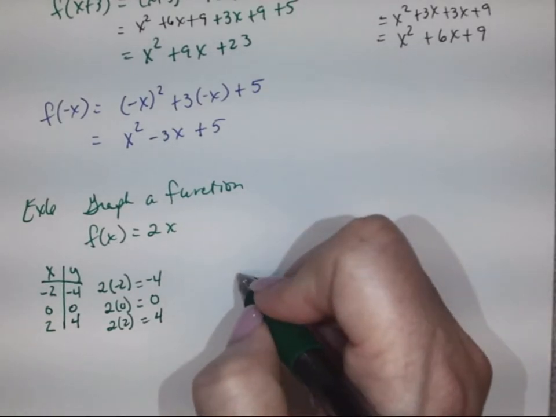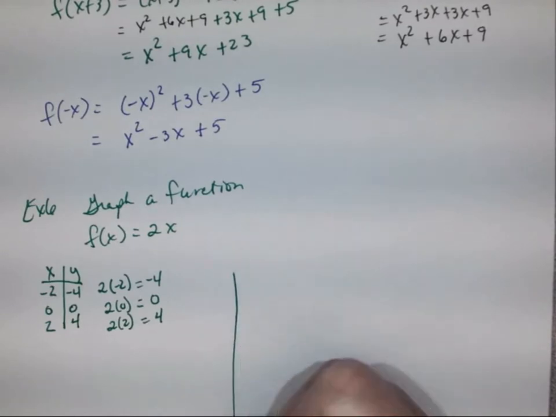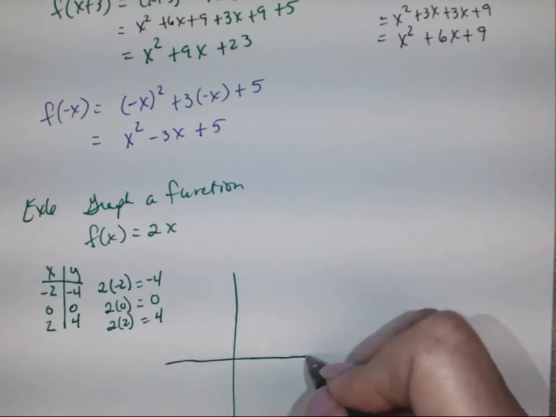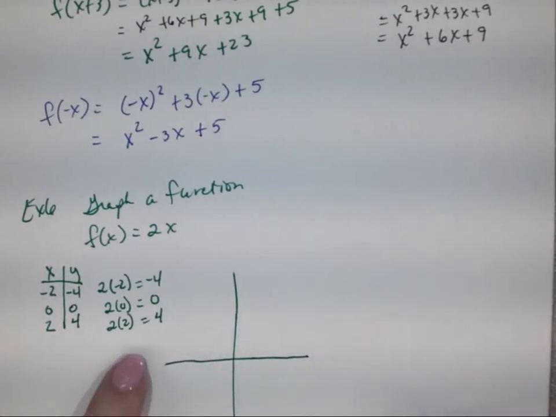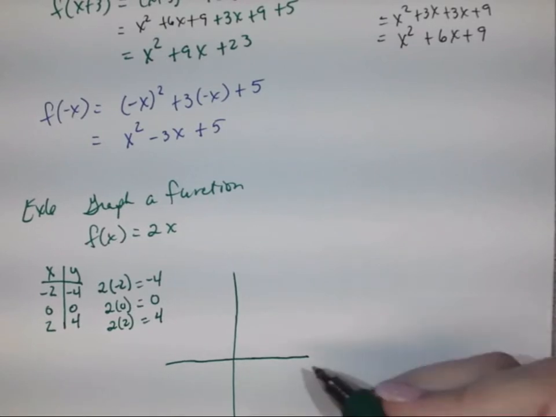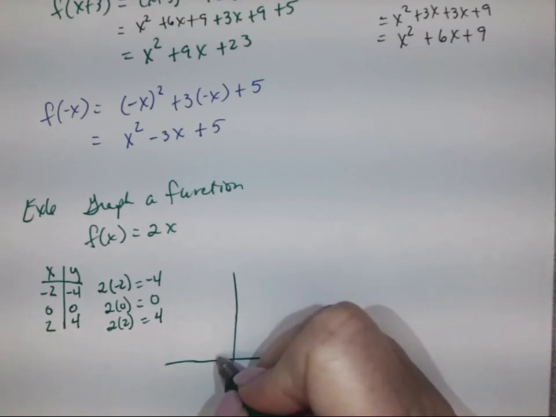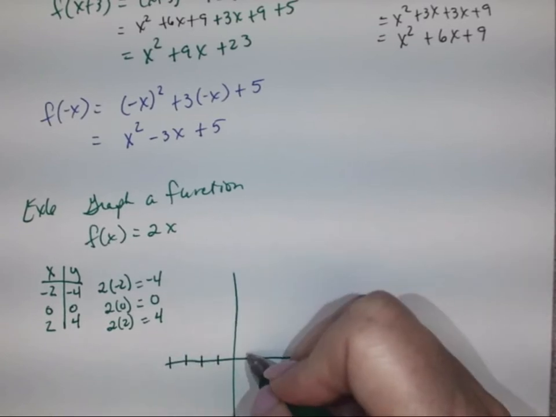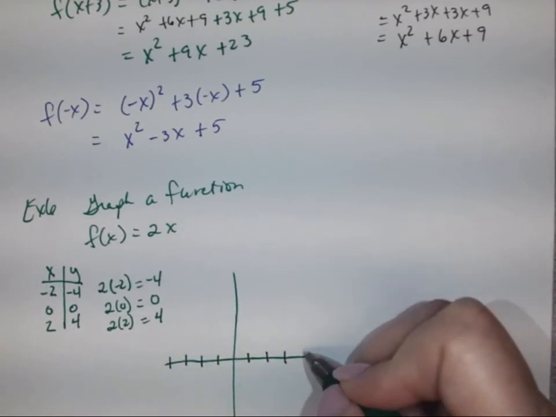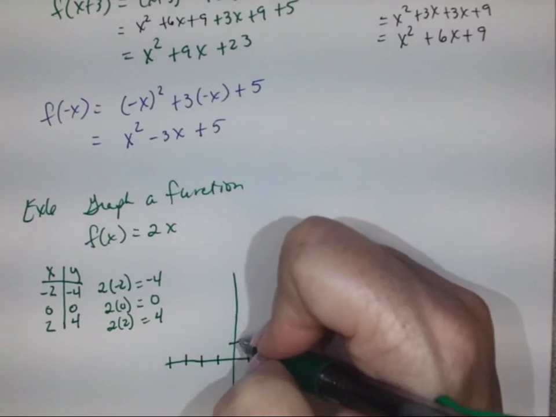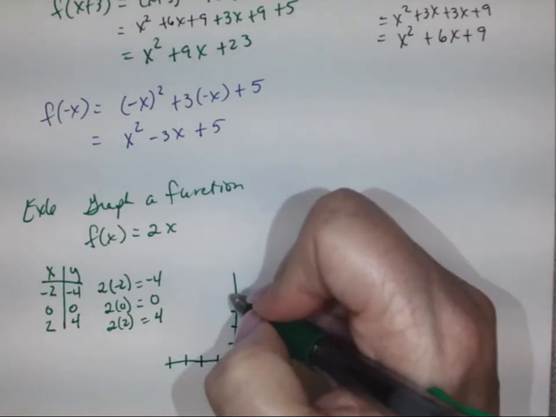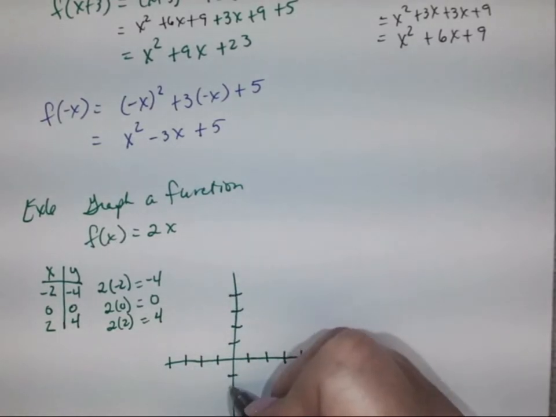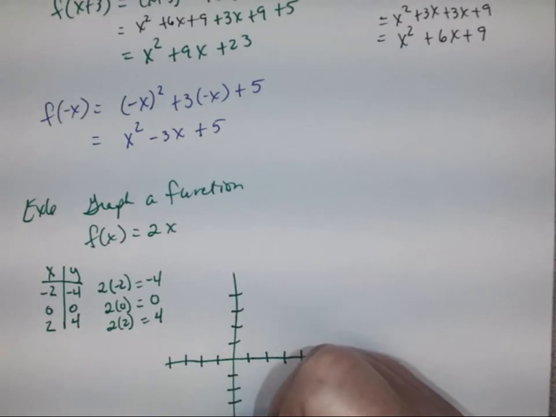So let's go ahead and graph this. I don't need a lot of numbers, but I know I need to go clear up to 4 for this. So we've got 1, 2, 3, and 4 on each axis.